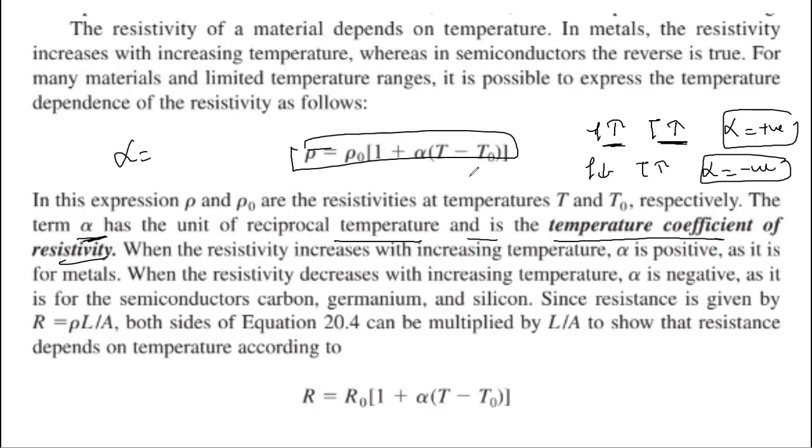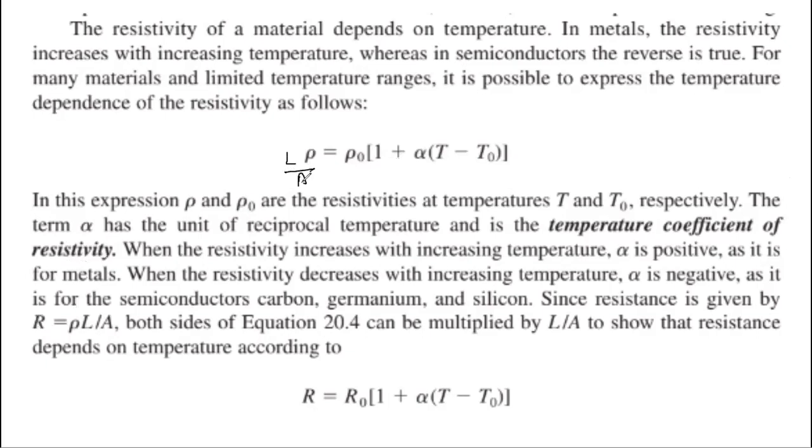Resistance is given by R is equal to rho L upon A. If you multiply both sides by L upon A, let me do that for you. If I'm doing something on this side, I have to do the same thing on this side.